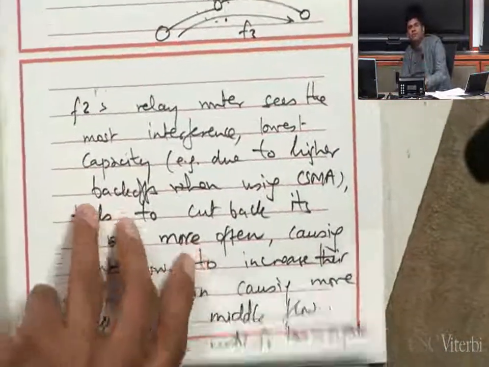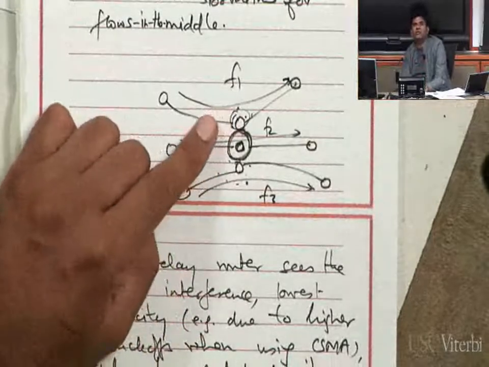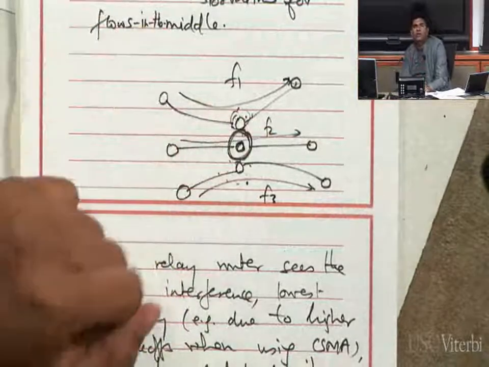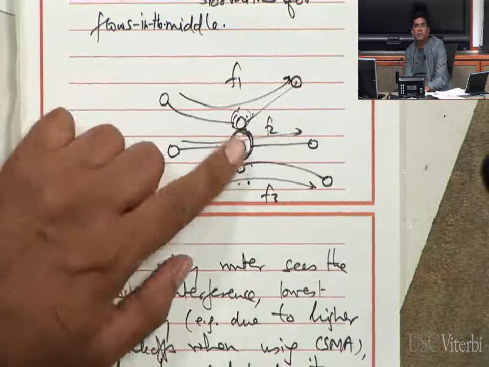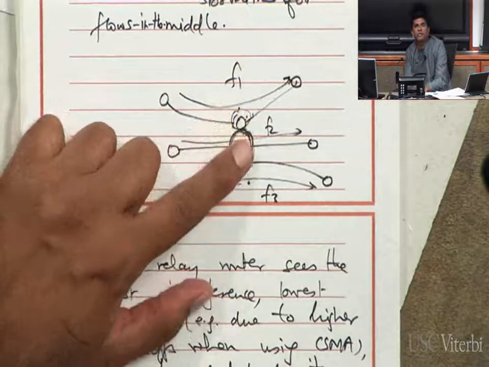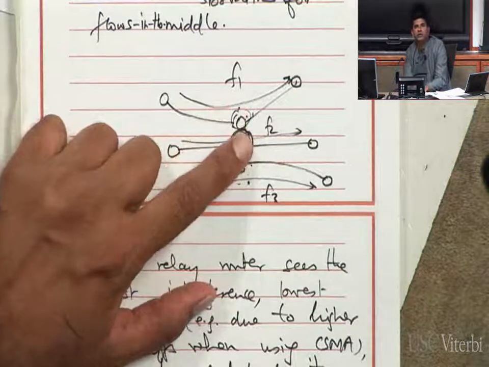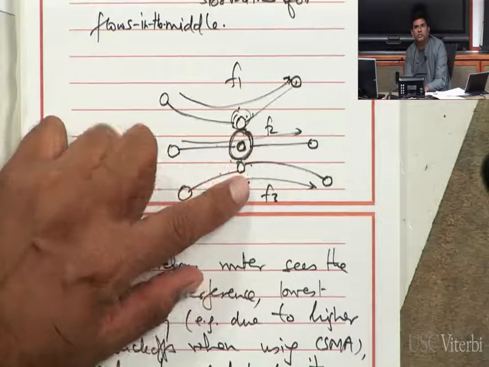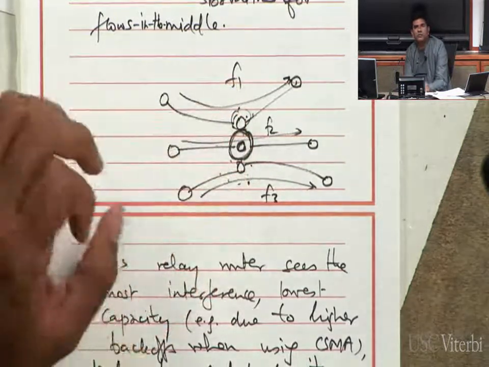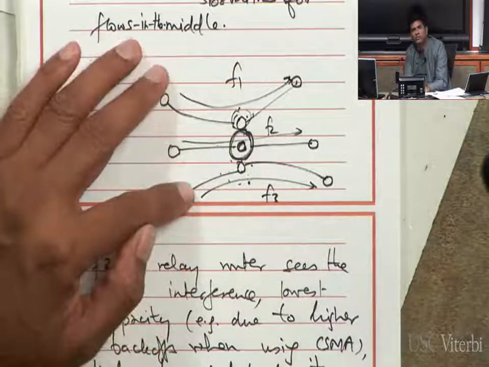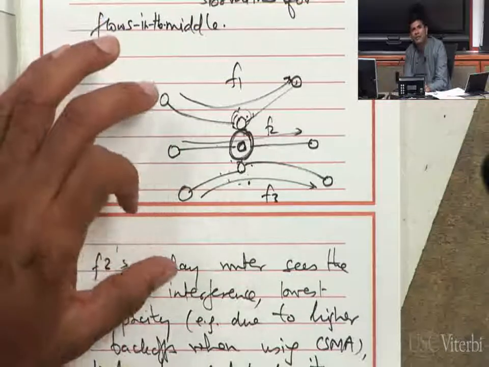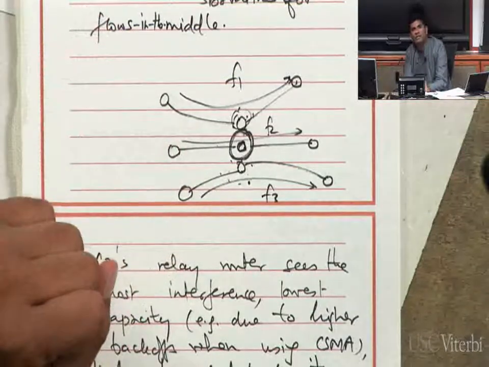And people have observed this in real experiments. What you can do is take, say, 9 different wireless devices, put 3 of them in a topology like this, where these two nodes are close to each other, these two nodes are close to each other, but these two are far from each other, and run TCP on each of the sources over here, and measure for a period of time how much data rate each flow is getting.